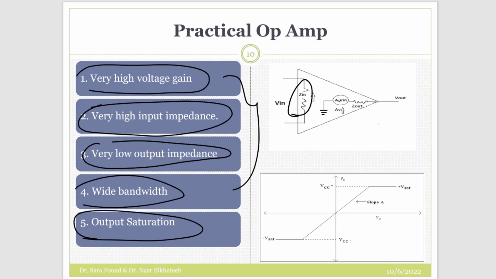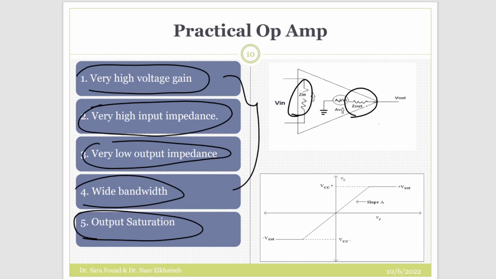We have also a resistance connected in series with the V output, and this resistance is very low, but not zero like the ideal operational amplifier, which I like to call an imaginary operational amplifier. And it also has a wide bandwidth, not infinite bandwidth like the ideal operational amplifier.